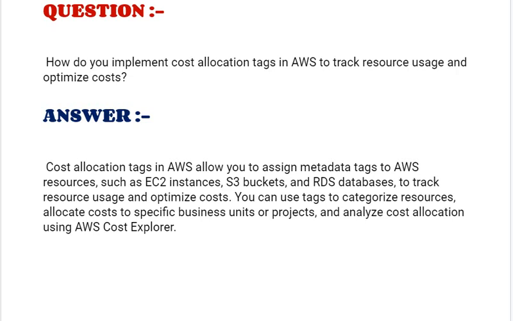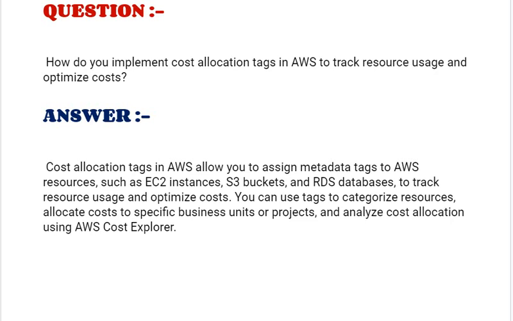Our next interview question is: how do you implement cost allocation tags in AWS to track resource usage and optimize costs? Your answer should be: cost allocation tags in AWS allow you to assign metadata tags to AWS resources, such as EC2 instances, S3 buckets, and RDS databases, to track resource usage and optimize costs.